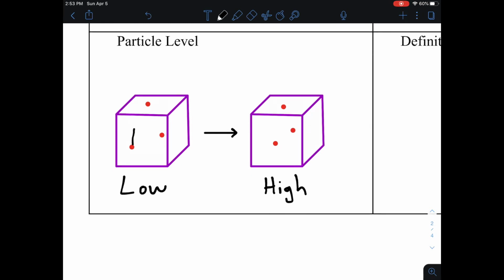So the left-hand side, I'm going to draw some arrows. Like so. Now, why might the particles on the right-hand side have a higher pressure? Well, maybe the temperature is higher.